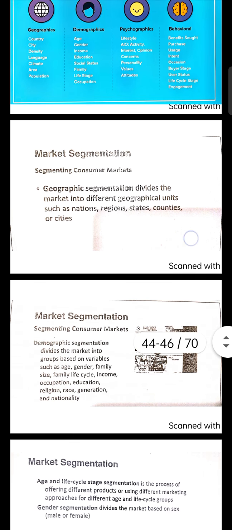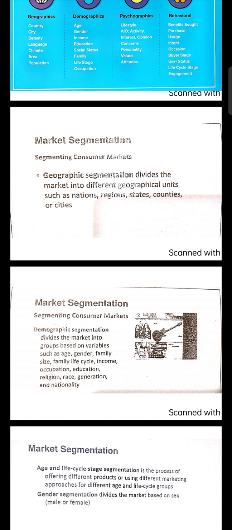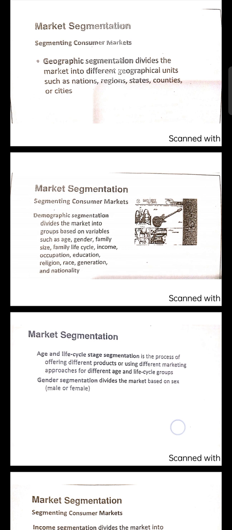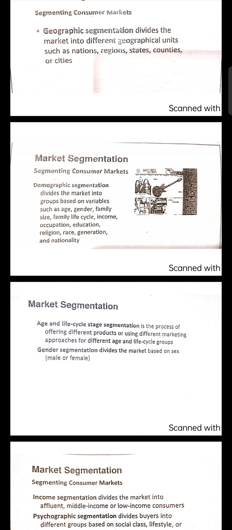So let us go further into market segmentation, segmenting the consumer markets. Geographic segmentation divides the market into different geographical units such as nation, region, states, country, or cities, like we mentioned just now. Another one is demographic segmentation, which divides the market into groups based on variables such as age, gender, family size, family life cycle, income, occupation, education, religion, race, generation, and nationality.